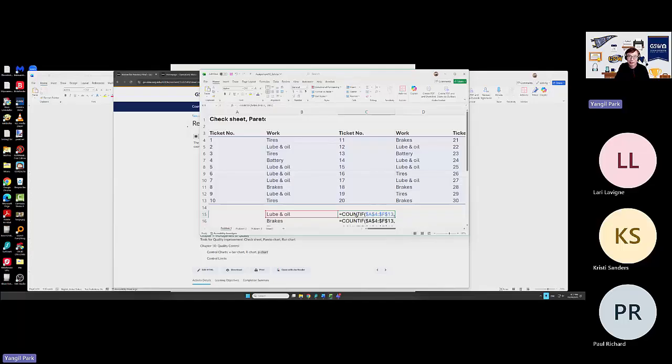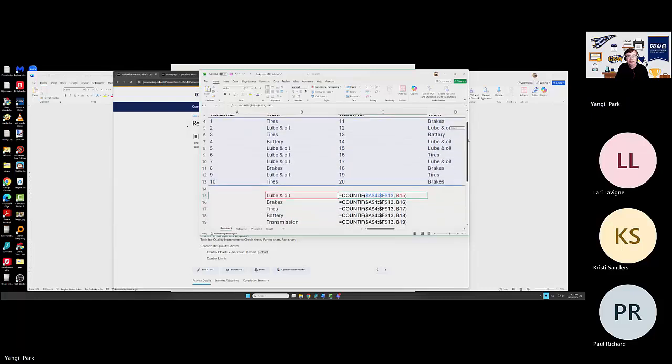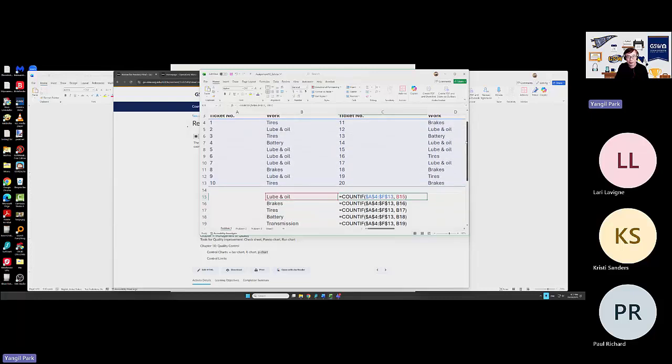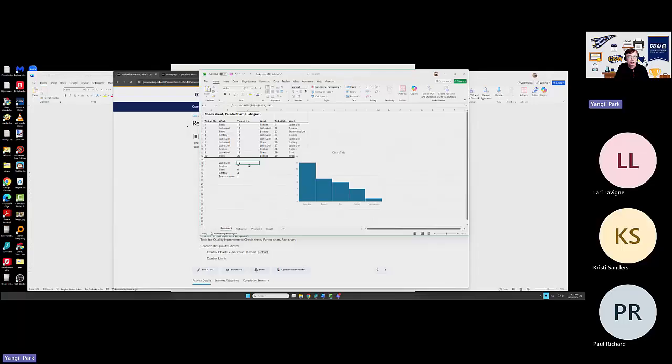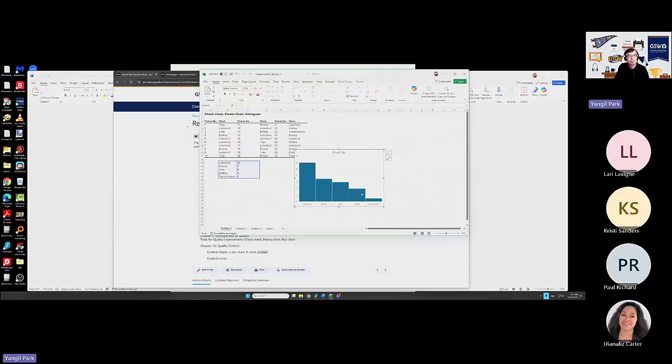That's why I'm using the countif function. I think you should use the countif function to organize questions like this, so that you can do it quicker rather than counting manually. Then all you do is put it into a histogram.